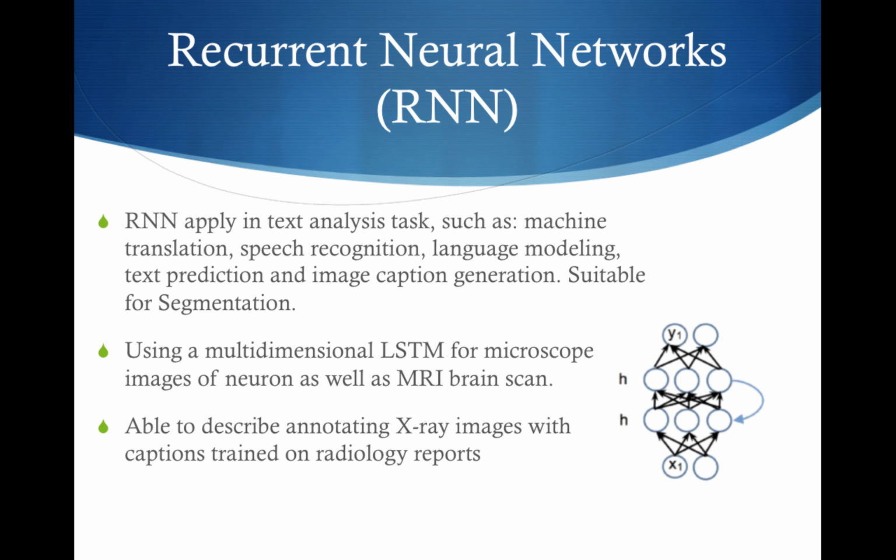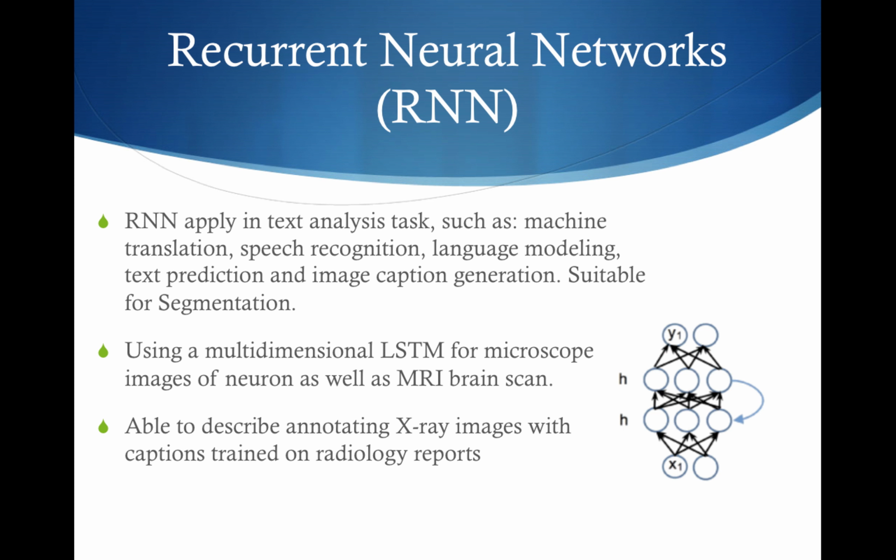The second thing I want to talk about is the recurrent neural network, which is RNN. RNN has traditionally been used in analyzing sequential data, such as the words in a sentence, and has the ability to generate text.